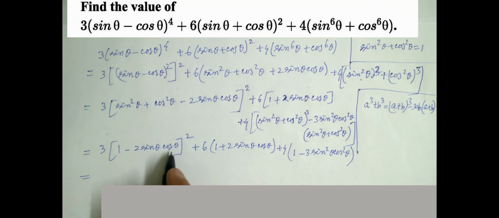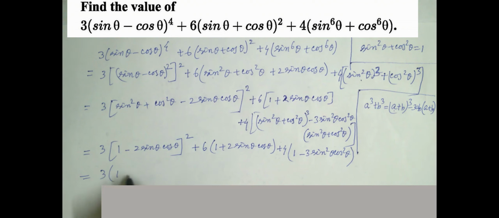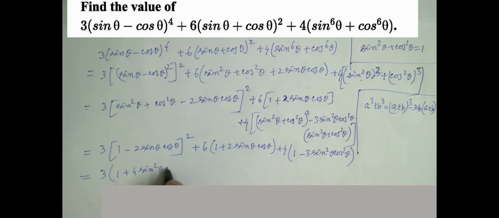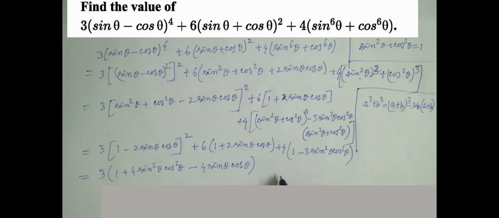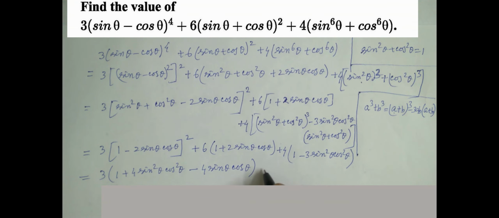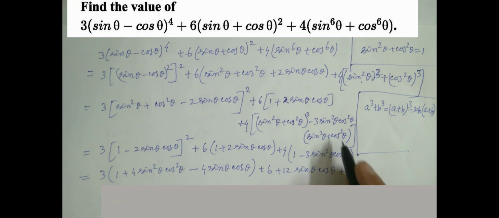Now see, expand this now. 3, 1 squared means 1 plus 4 sin² θ, here a² + b² − 2ab, these 2 will be 4 sin θ cos θ. Now opening the brackets, plus 6 plus 12 sin θ cos θ plus 4 into 3 sin² θ cos² θ.